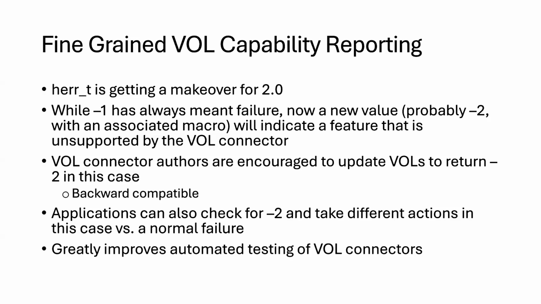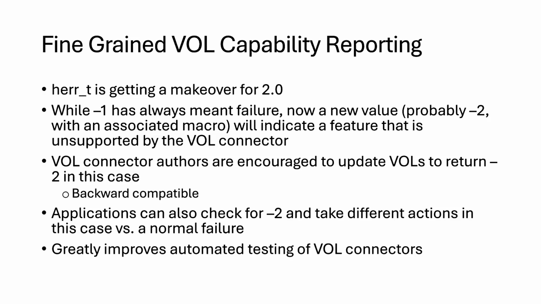So in order to extend that, we're going to extend the meaning of herr_t, the standard return value, and also similar types that have an error return, like htri_t. Because right now, any negative value is considered a failure, and in practice we always return -1.